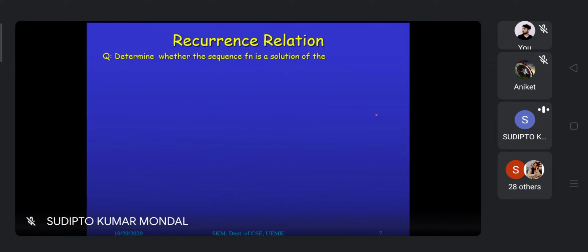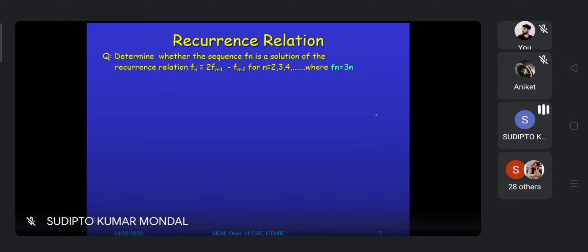Now, one problem we have on this slide: determine whether the sequence Fn is a solution of the recurrence relation Fn = 2Fn-1 - Fn-2 for n = 2, 3, 4, where Fn = 3n. First, make it clear what the question is trying to say.